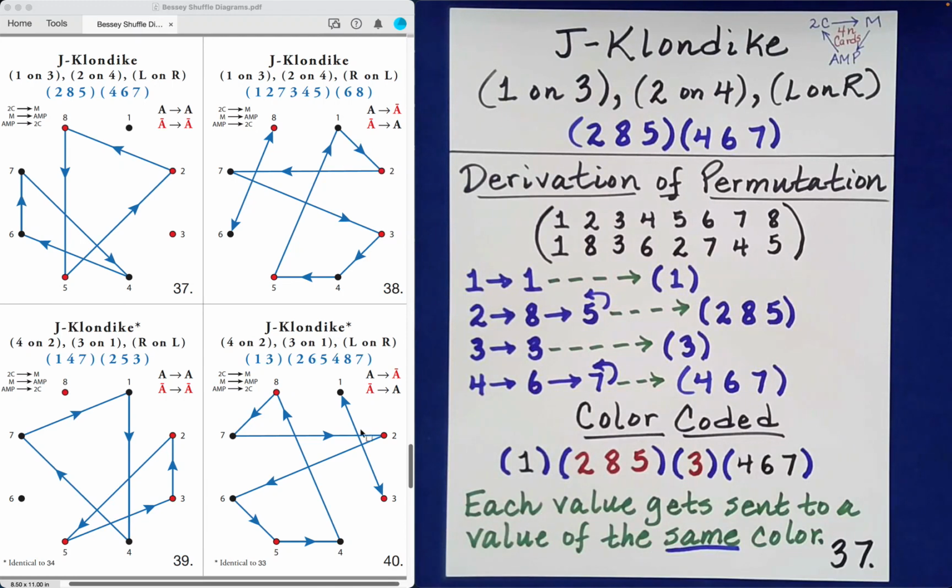If we take a look at the Bessey shuffle diagram, top row on the left, we can see that our permutation leads to the following diagram. Note that positions 1 and 3 correspond to fixed points, whereas 2 goes to 8, which goes to 5, which cycles back to 2.